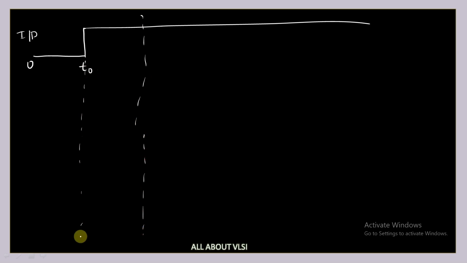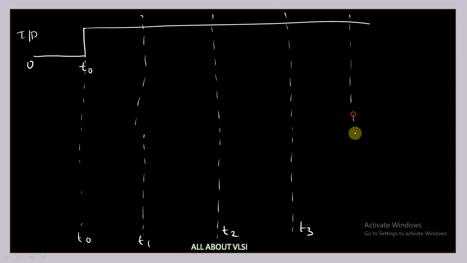Let's say this is t0, this is t1, this is t2, this is t3, and this is t4. The distance between each is 10 nanoseconds.